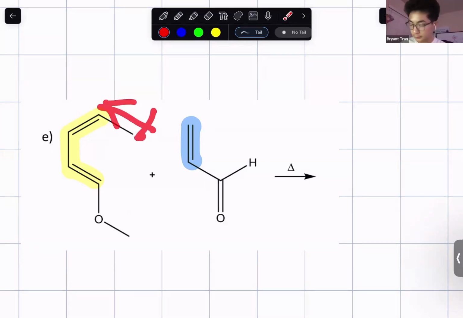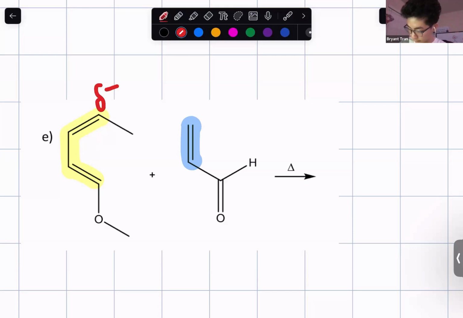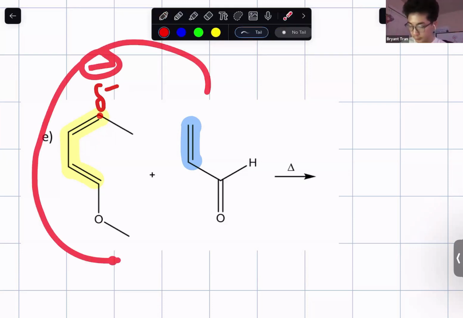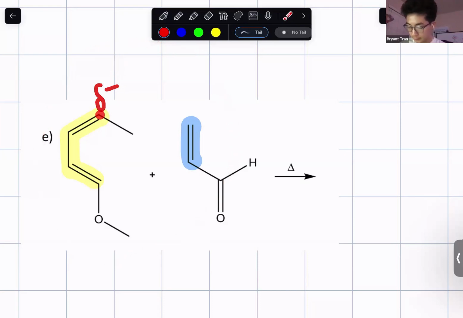There's no pairs of electrons for this R group to donate directly into the system. So when we think about the resonance structure, there's going to be a partial negative charge on this carbon right here. Like a full negative charge on the resonance structure, but the overall structure, this carbon here will have the negative charge on the diene.